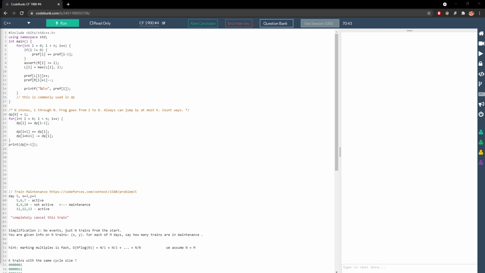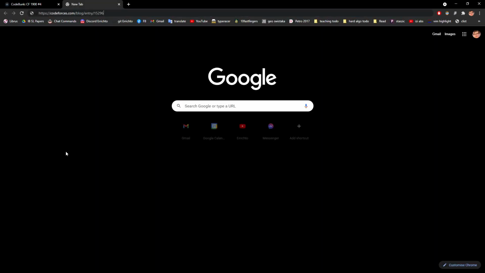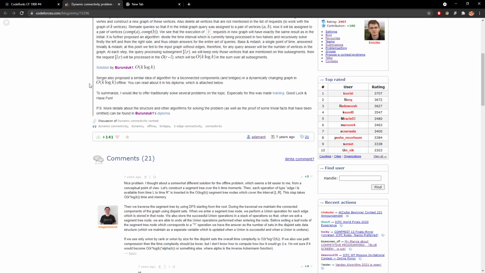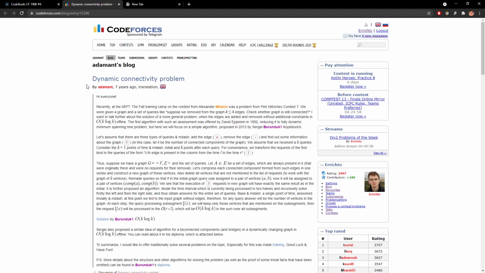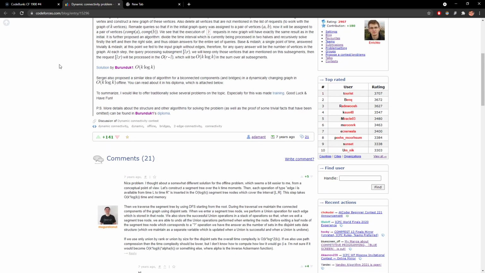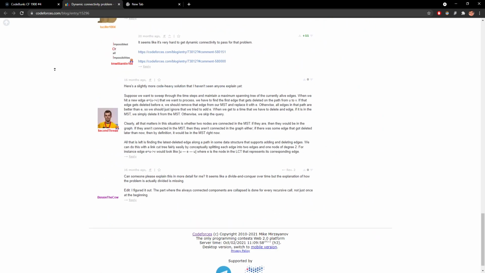If you have a link, then sure, provide one. Should I put it in the code bank? Yeah, you can do it in Codebank. Dynamic connectivity. Alright, so we have adding edges, removing edges. I think it will be indeed this divide and conquer I meant. Cool, thanks.